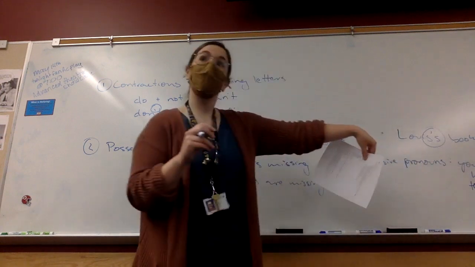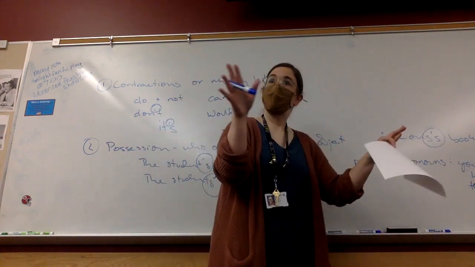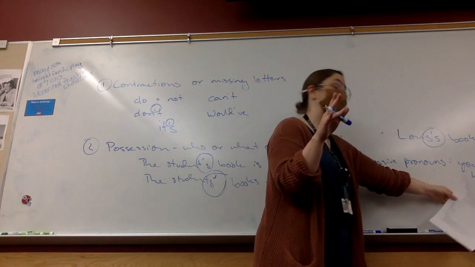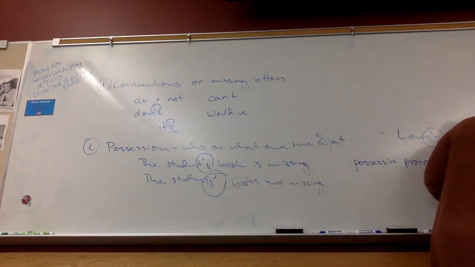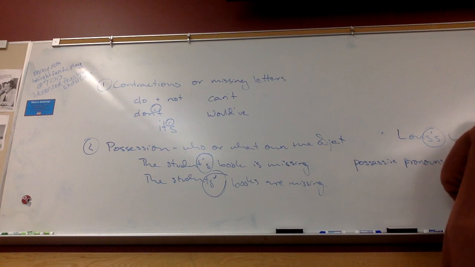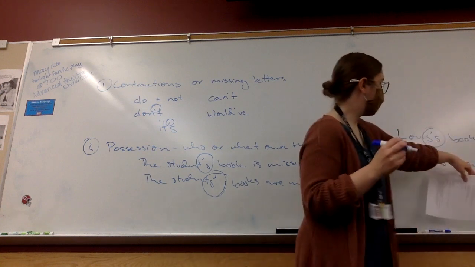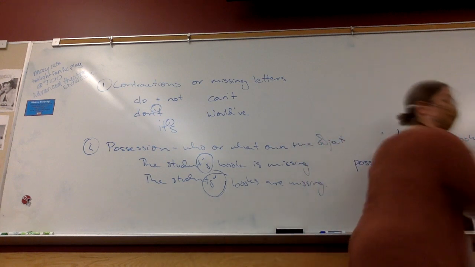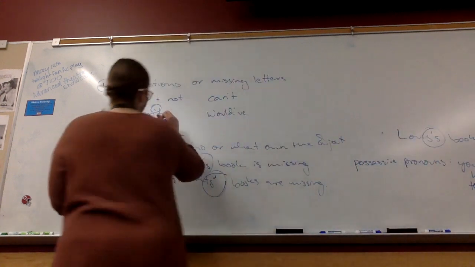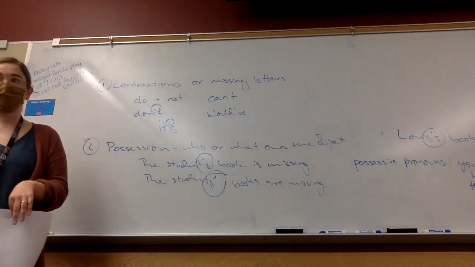When it's a possessive pronoun, it is already showing possession because that is the nature of a possessive pronoun. So you do not use apostrophes in possessive pronouns. You never have your apostrophe S. And that's why its, when it's possessive, doesn't have an apostrophe, but it is does have an apostrophe.